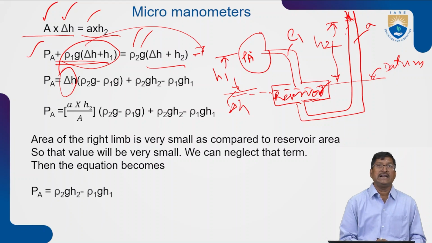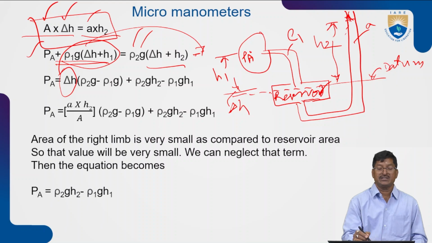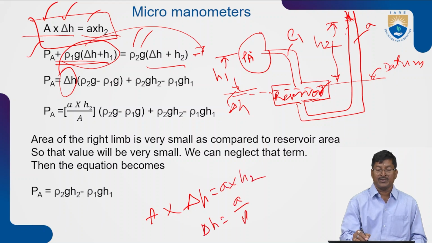Whereas delta H, you can see from the equal volume, A into delta H is equal to small a into H2. Then delta H is equal to small a by capital A into H2.